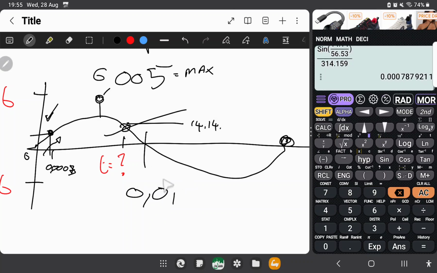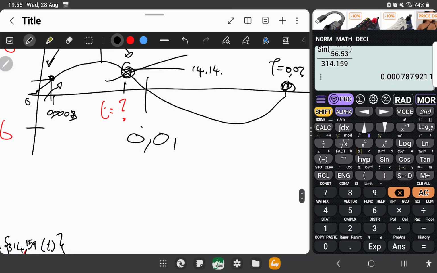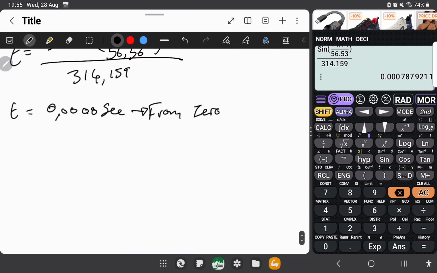And now what we're going to do is the period is equal to 0.02, right? So they want from maximum, they want this coordinate, right? So we have 0.01, and we're just going to subtract that.